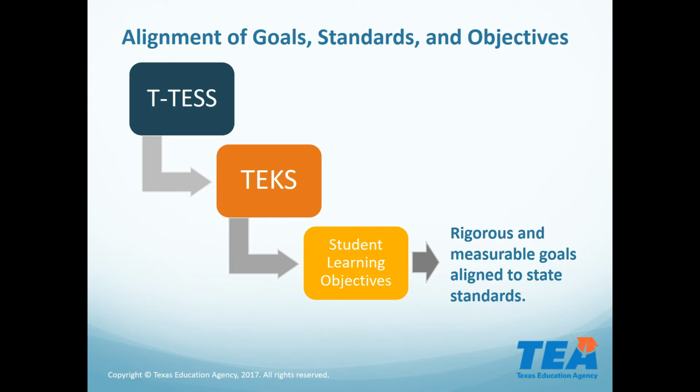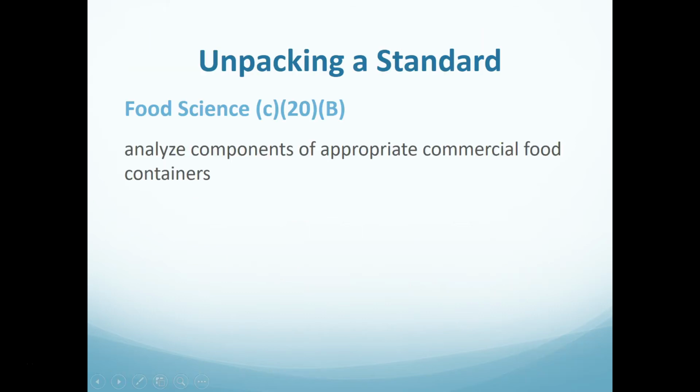To demonstrate how to unpack a standard, let's start with an example. Let's unpack a TEKS for food science. First, find the concept or concepts. The what. Underline those main ideas. In this example, the concept is components of appropriate commercial food containers. Next, look for the verb or skill, the how.